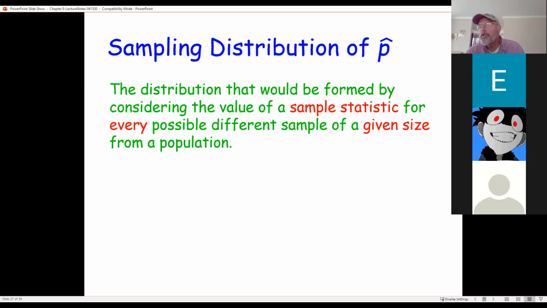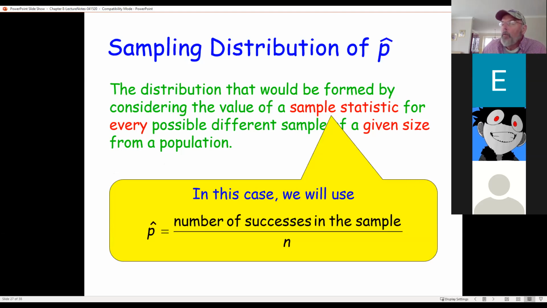So the distribution would be formed by a sample statistic, from every possible different sample of a given size from the population.